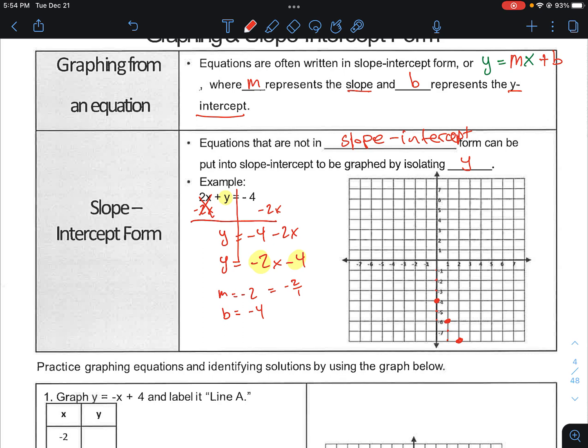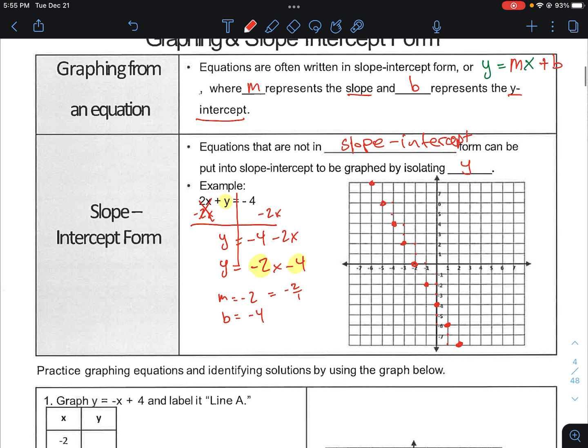Just go up 2, backwards 1, and repeat. And now I have my points, which I can graph. Hopefully I can make a straight enough looking line. There it is. So now I've graphed this equation, and I had to put it in slope-intercept form first before I graphed it.